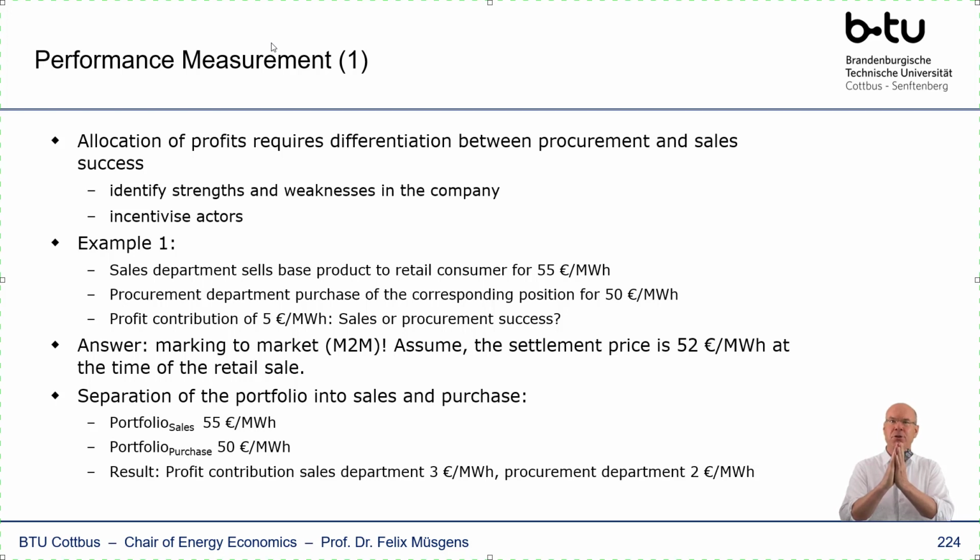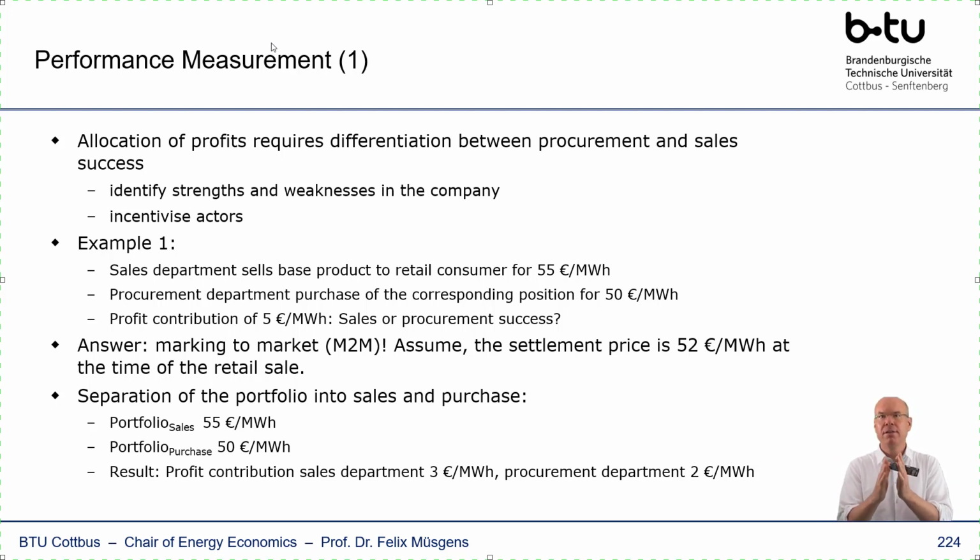You remember these procurement discussions, because if they would have bought it back to back, they would have bought it on the wholesale market typically, where prices are pretty transparent nowadays, so the value and the costs would have been 52. Achieving 50 is a great success by either buying in advance when prices were low, or waiting even after the retail team sold to the retail customer at 52.